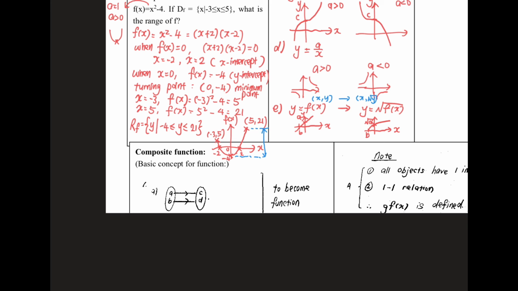Now I give another example over here. Let's say I have a straight line in this way, where the y-intercept is a, the x-intercept is b. When it becomes a square root graph, first, the part of graph that stays below the x-axis disappears.